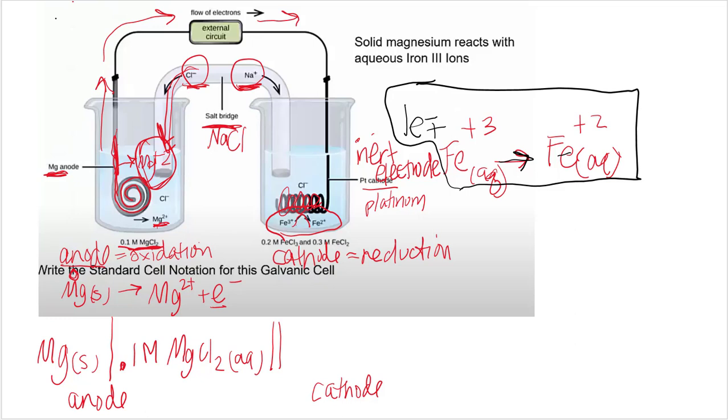So I need to show this at the bottom here. So I'm going to write down for my cathode side, here's my solutions. I've got 0.2 molar of iron 3 chloride, so FeCl3, and then we put a comma, and then we have 0.3 molar of FeCl2, so iron 2 chloride. These are both aqueous.